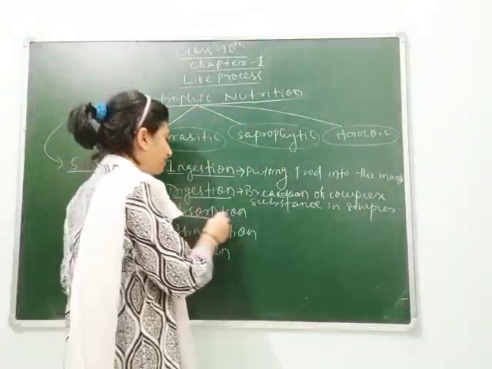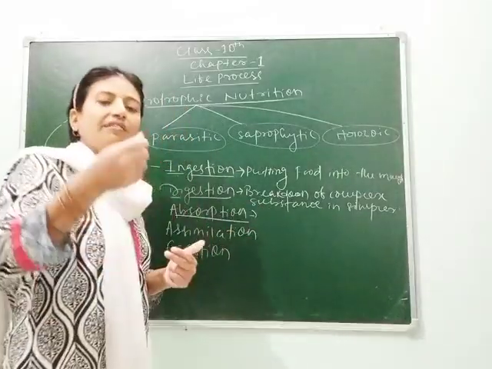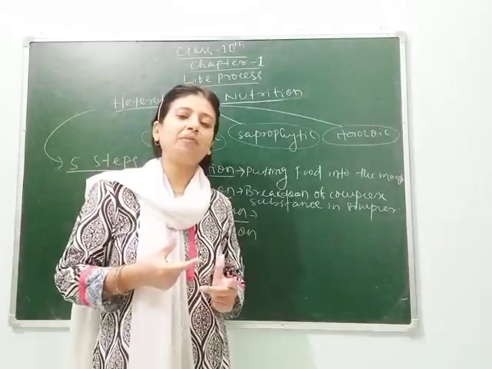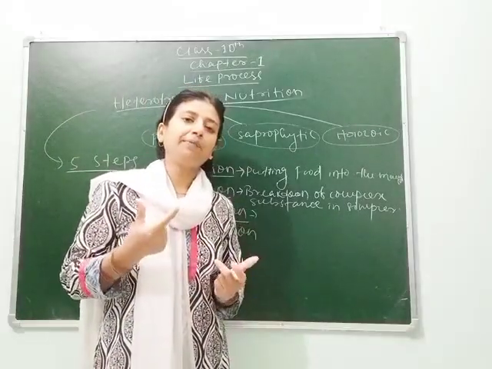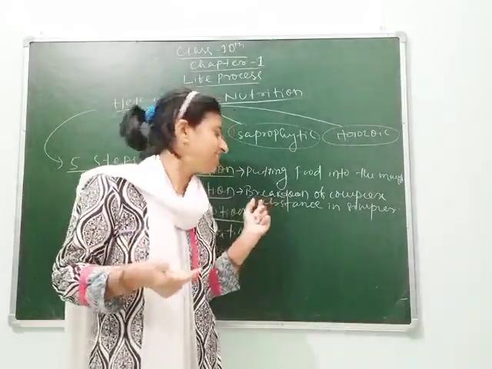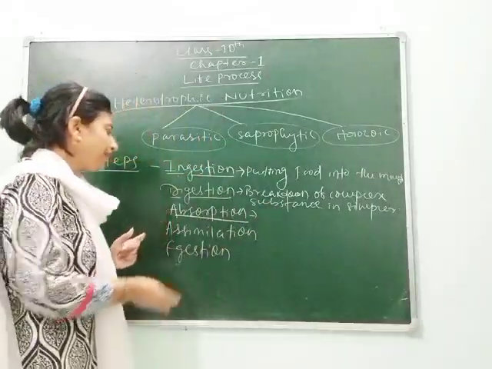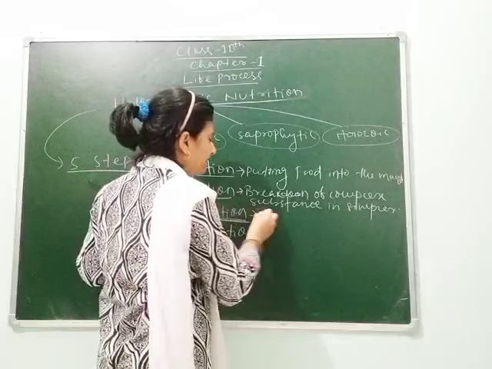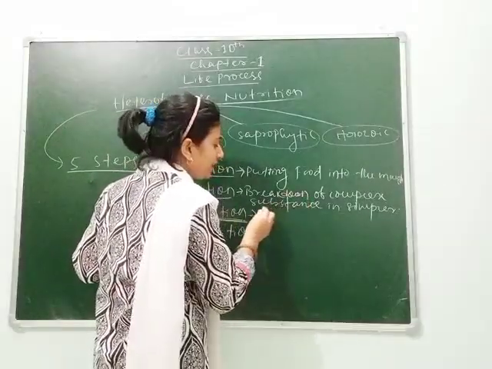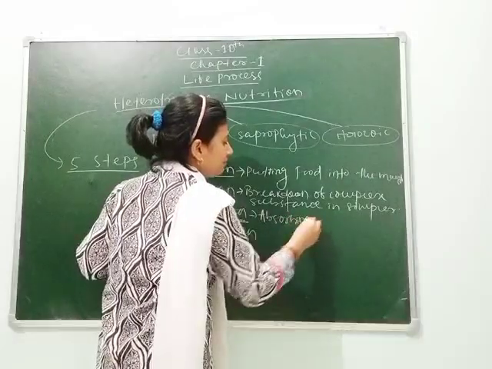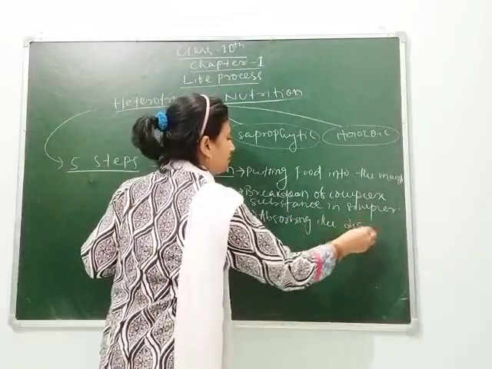Third step is absorption. As we take the food, the different ducts and glands present in our body and the different types of tissues whose function is to absorb start absorbing the nutrients from the digested food. So absorption means absorbing, or soaking up, the digested food.